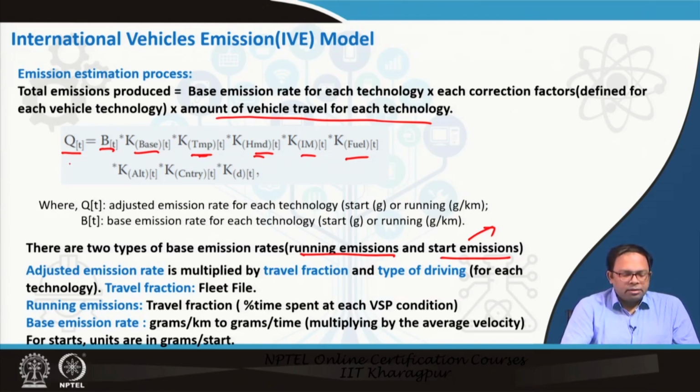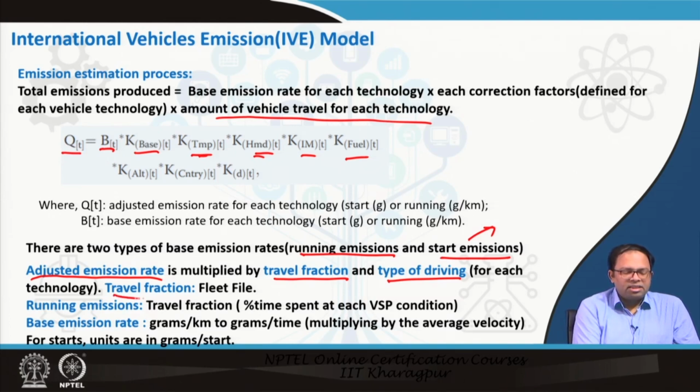Once we have done that, we get an adjusted emission rate, which is multiplied by the travel fraction and the type of driving. That means for a particular fleet size, we break it into different fractions of different technologies and the driving habits for each of those technologies. Both of those we will combine.